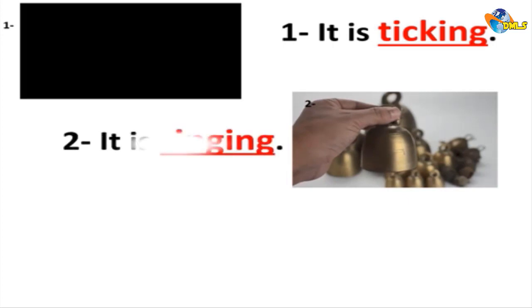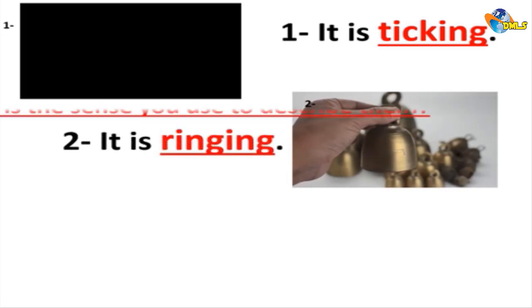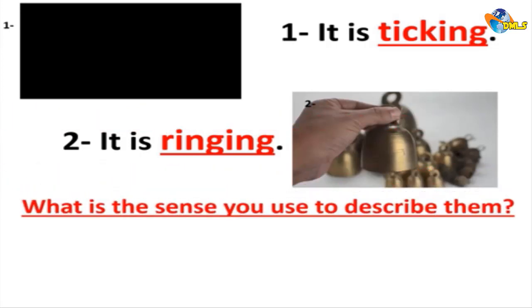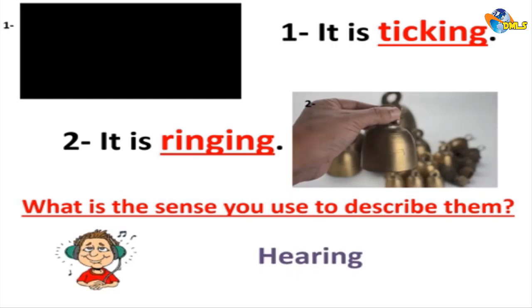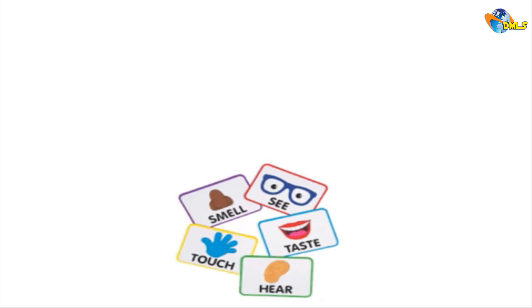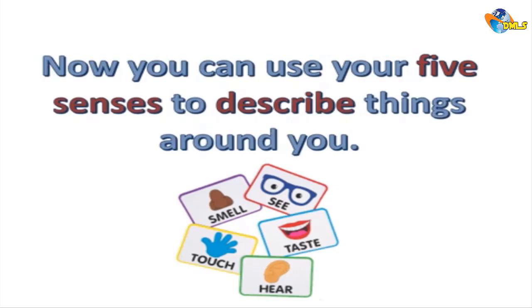Number 2 is ringing, yes. And what is the sense you use to describe them? It is hearing. We use our ears to hear and describe them, which one is ticking and which one is ringing. Now I think all of you can use your 5 senses to describe things around you.